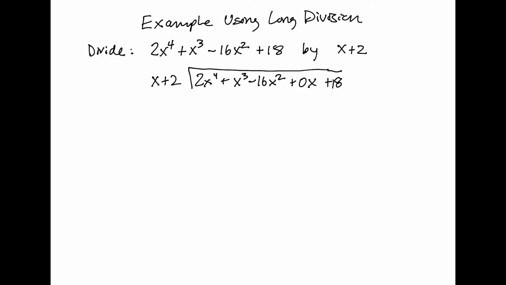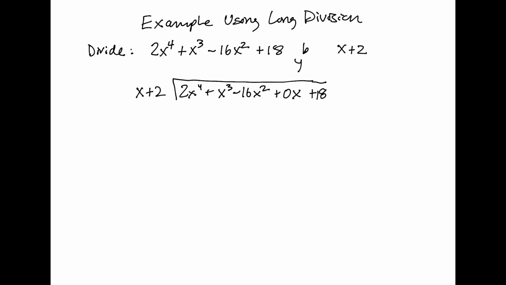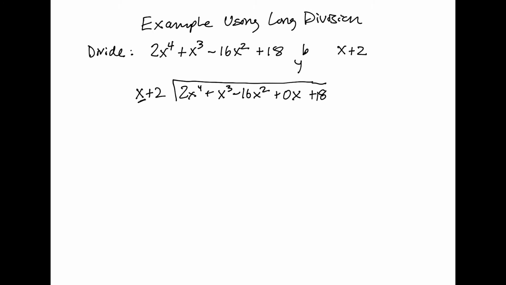I'm going to go ahead and move this down a little bit just to give me a little more room. And then let's go through the process. So I focus on the first terms. I think about x and 2x to the fourth. And I ask myself, x times what will give me 2x to the fourth? Well, I'm missing a 2, and then I'm missing 3 x's because I want 4 x's being multiplied, right?